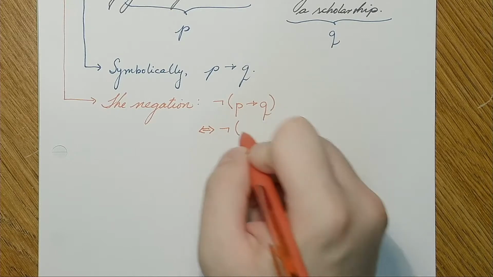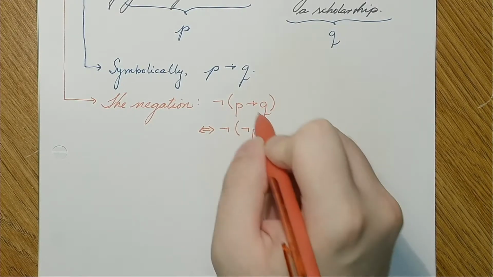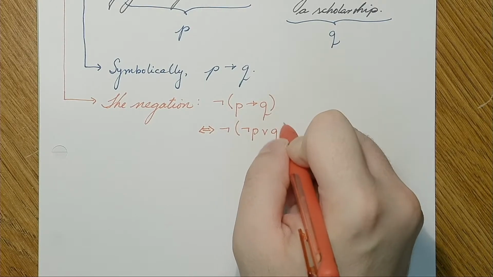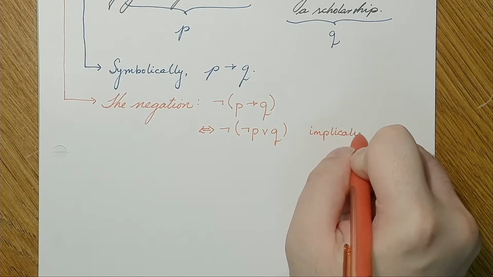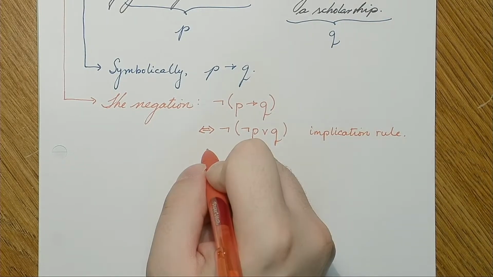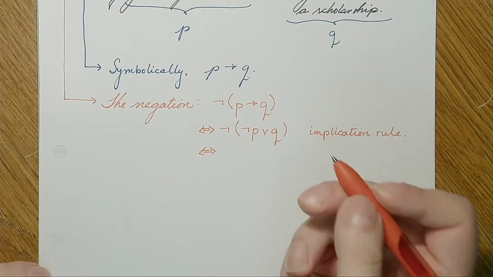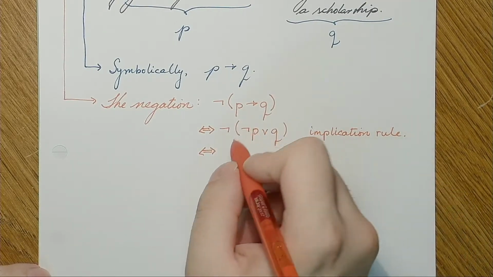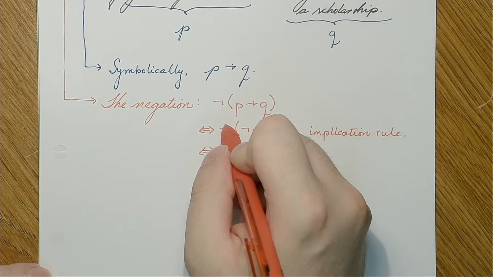So I'm going to say it's the negation of the first proposition or the second. So that's our implication rule. We can then simplify that. We can now distribute this negation.